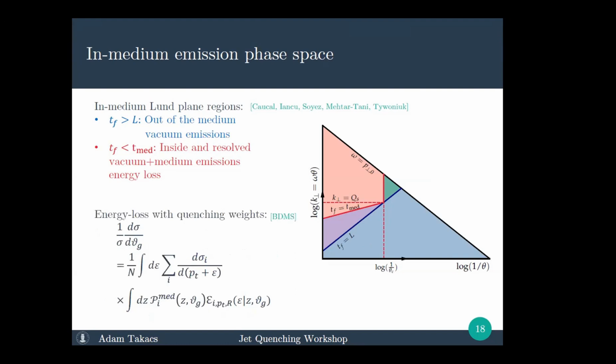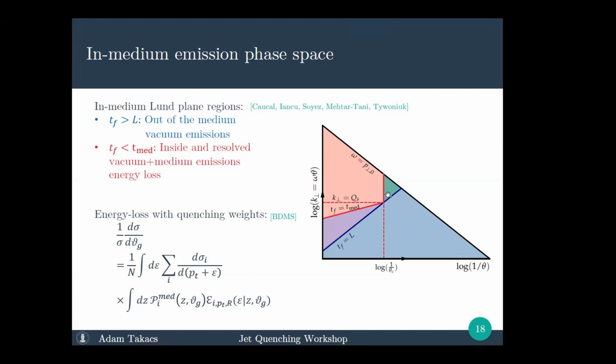And then what we also had to include is the energy loss and this bias effect, for which we use the quenching weight. So what we said was that when you have an emission which is formed outside of the medium, then this whole object, the whole splitting, was not resolved by the medium. The medium couldn't see that there was an emission. Therefore, the total charge gets quenched, or starts to lose energy.